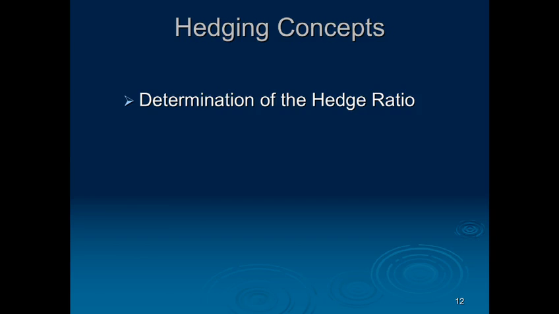So, if I've got a spot position in gold, I've gone long on gold, and I want to hedge that with futures, then obviously the most obvious thing to look at would be gold futures, right? So gold futures is on gold. They're on the same identical product. It's the same with, let's say, BHP. It's the largest mining company in the world.